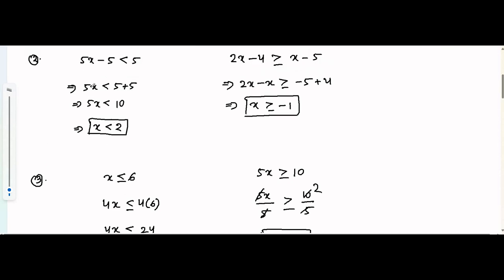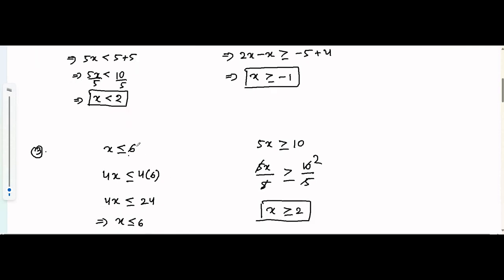See, 5x less than 10. I told you that I will be showing this rule in just a matter of few minutes. So here I divided both sides by 5. So we got x less than 2, and in that case the sign of inequality remained the same. So the rule is that when both sides of the inequation are multiplied or divided by the same positive number, the sign of inequality remains the same.